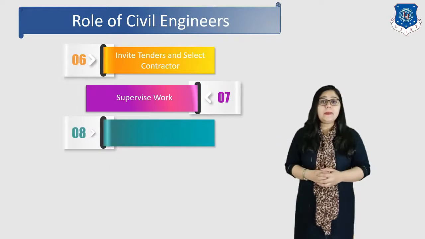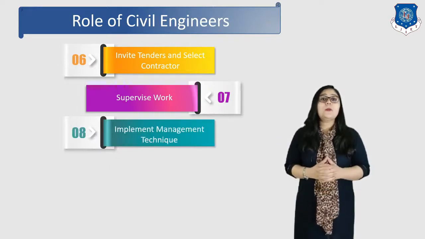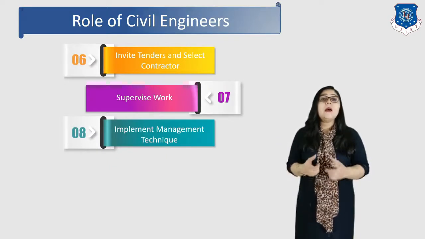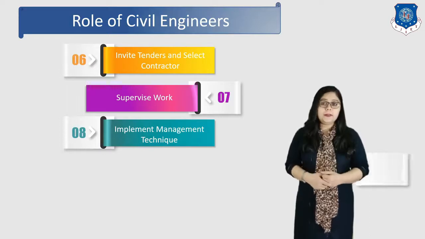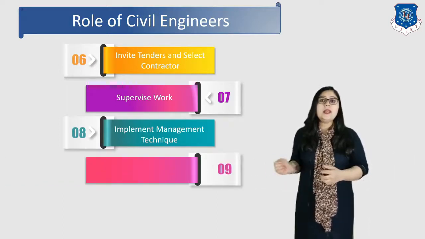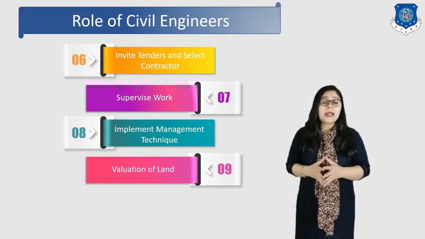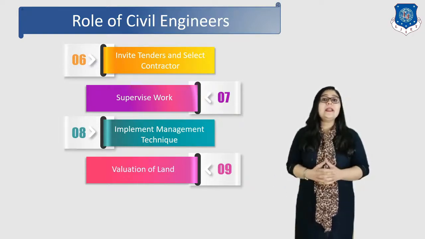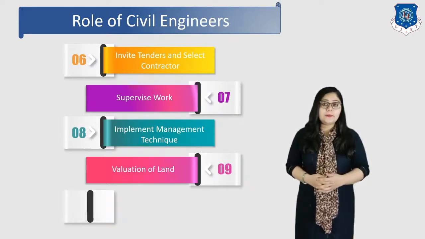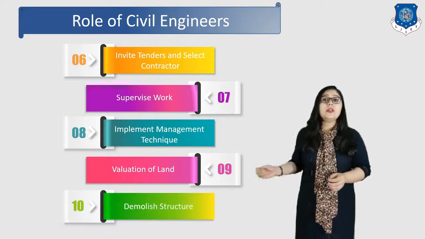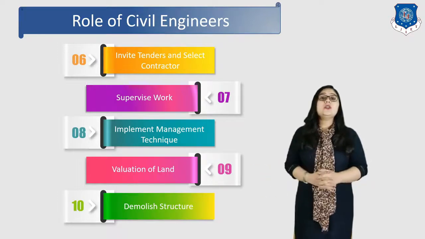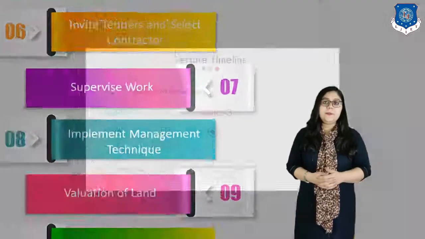Next is to implement management techniques for better management of man, material, machine and money. Next is to carry out valuation of land for the purpose of finding its sell and purchase price. And the last is to demolish any structure, which is also a role of a civil engineer.